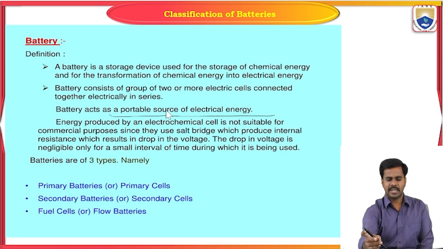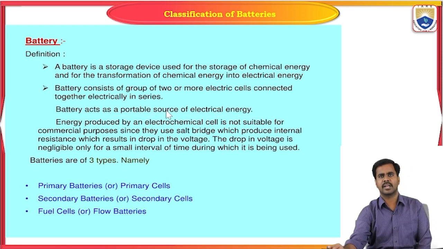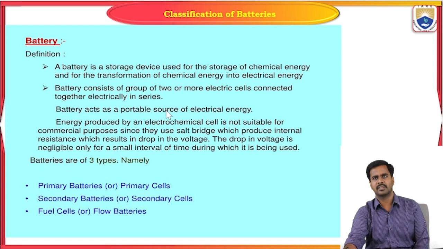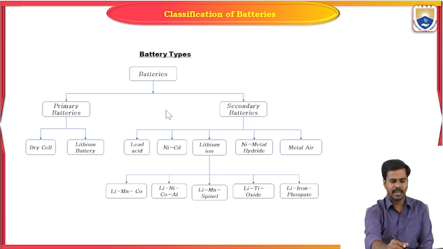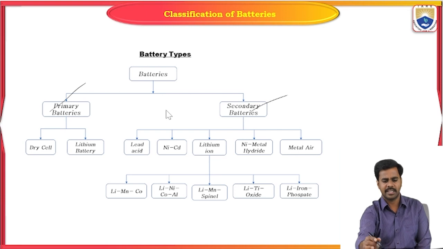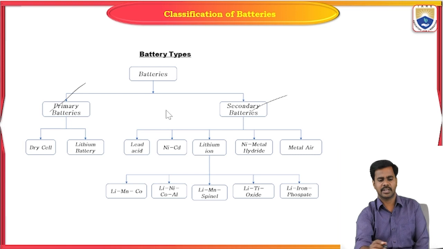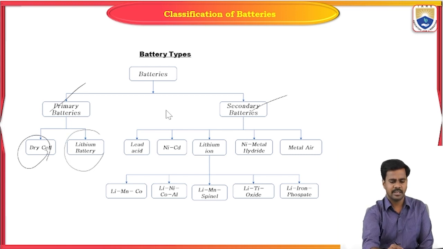So usually three types of batteries are available: primary batteries or primary cells, secondary batteries or secondary cells, and fuel cells or flow batteries. Let us see the classification of batteries. Examples for primary batteries are dry cells and lithium batteries.